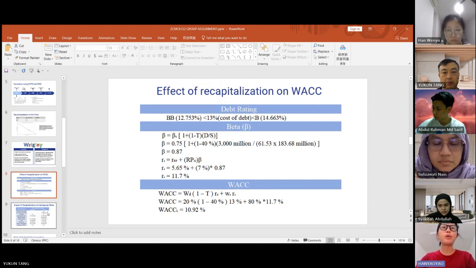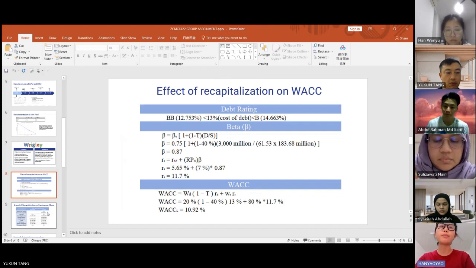The current WACC of WRIGLEY is 10.9%. Since it is all equity, the WACC is the same as the cost of equity. Raising $3 billion of debt for the repurchase of stock or dividend would change the capital structure of the firm. In our case, the WACC after including the debt structure almost remains the same, from 10.9% to 10.92%.